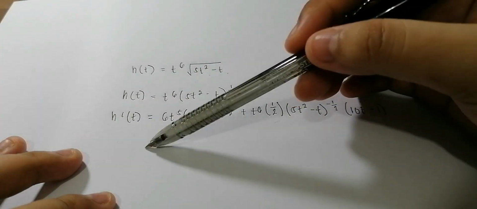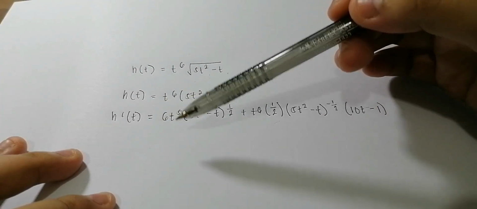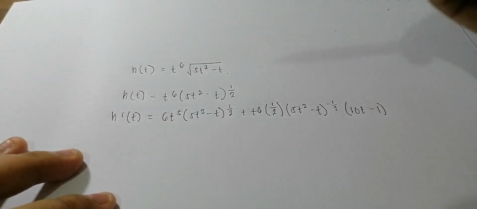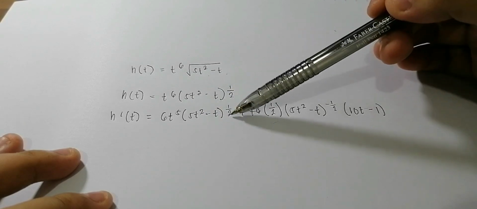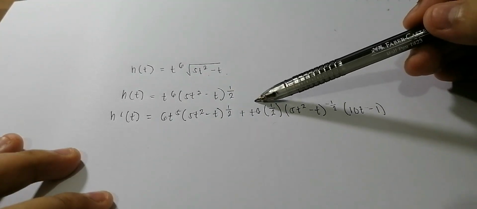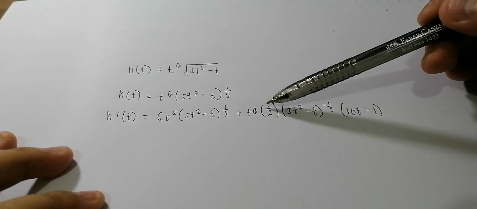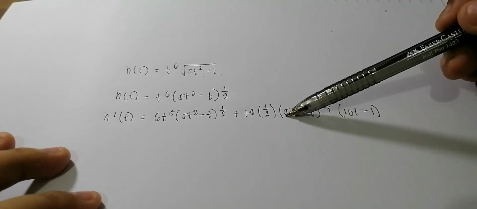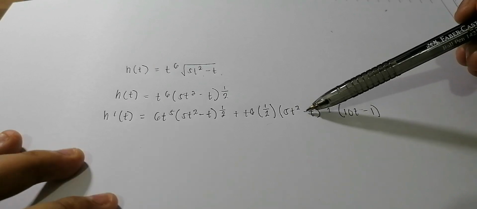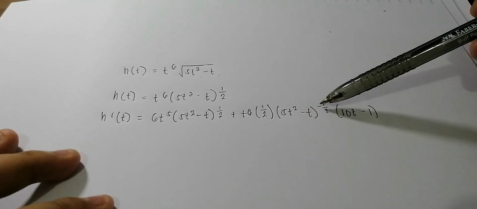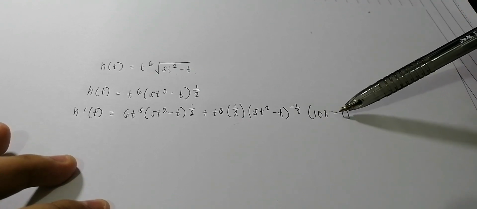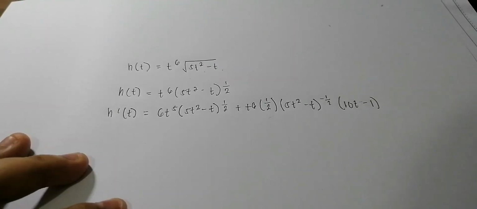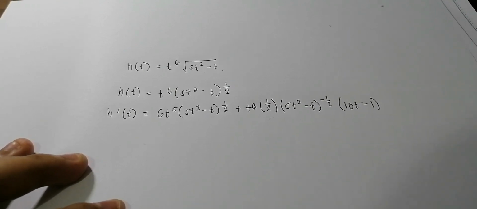So we have h'(t) = 6t^5 times (5t^2 - t)^(1/2) plus t^6 times 1/2 times (5t^2 - t)^(-1/2), then times (10t - 1). In the process, we will need to use the chain rule when we differentiate the second term.